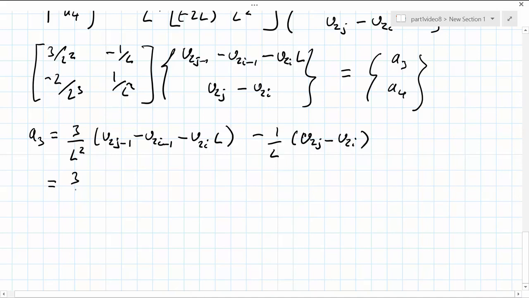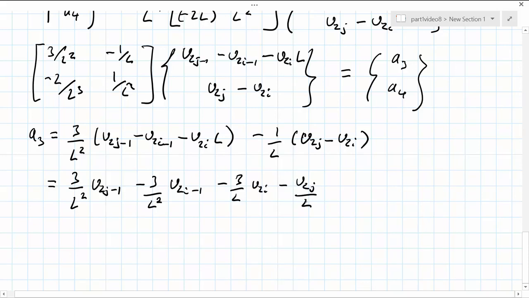Simplifying this and collecting the terms, we have 3 over L squared U2j minus 1 minus 3 over L squared U2i minus 1 minus 3 over L U2i minus U2j over L plus U2i over L.